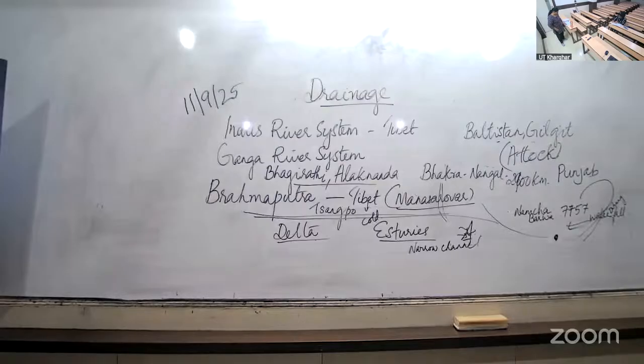Okay. Which are the tributaries? The Godavari is joined by a number of tributaries, such as the Purna, the Wardha, the Pranhita, the Manjra, the Wainganga and the Penganga. So which are the tributaries? Have you underlined?